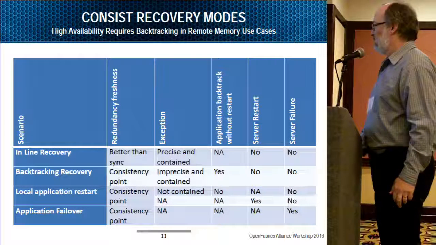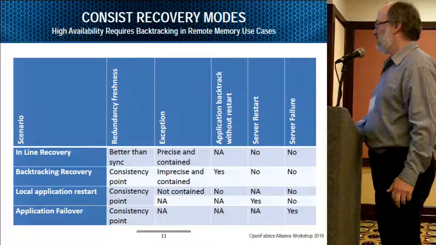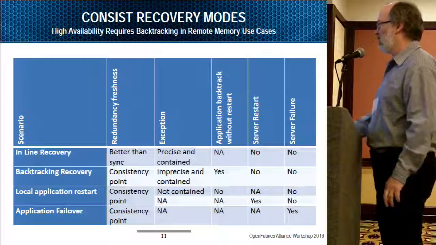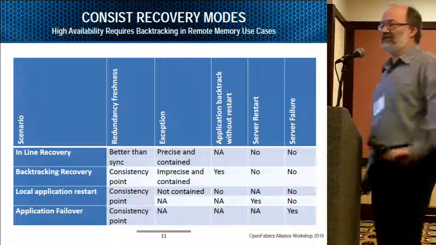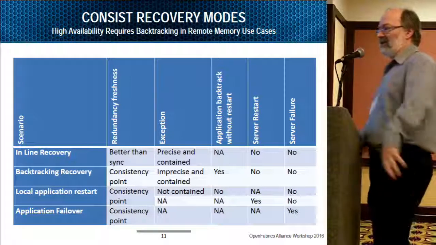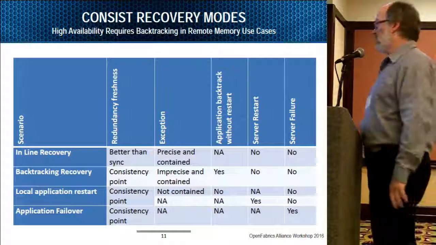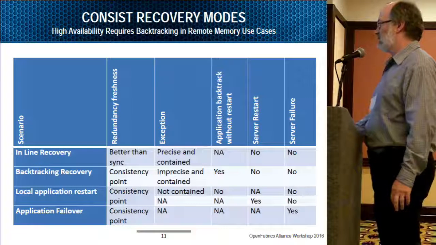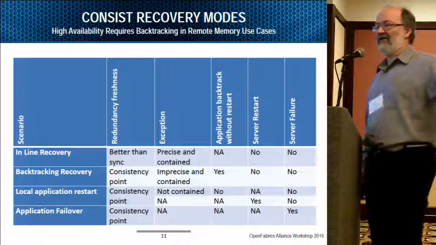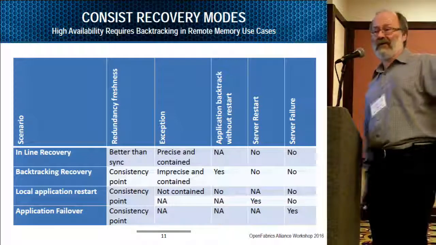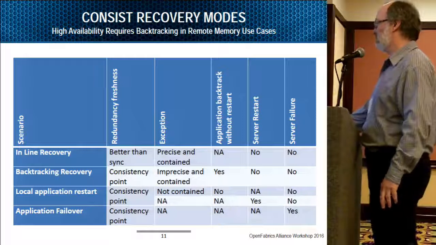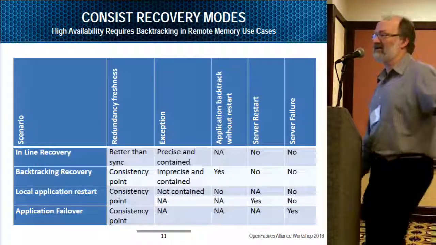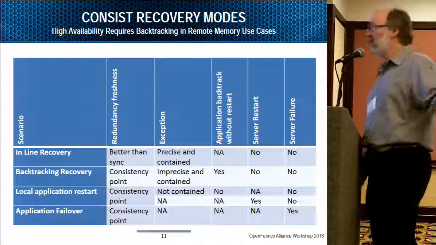The next level is that you have to restart the local application, either because it doesn't know how to implement backtracking, or because something forced you to reset your server, and you're in a high availability environment, so you have to be able to handle that. Or maybe your server failed, and along with your server, one of your copies of all of your persistent data failed. In that case, you have to do a failover to a nearby server that has the other copy as of a recent persistency or consistency point.